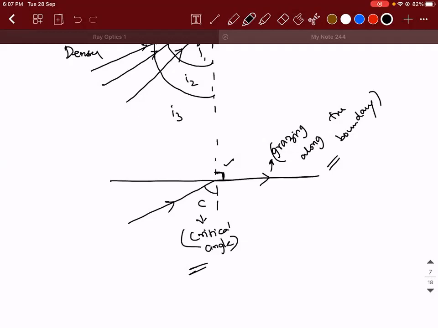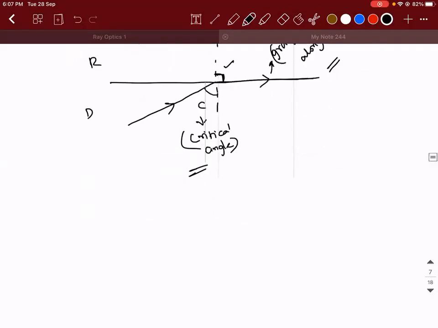So what do you think will happen if I increase the angle of incidence beyond this value? It will get reflected back. Perfect. So this is denser, this is rarer. If I increase the angle beyond this value, then the ray will get reflected back into the same medium, though it has a feasibility to travel into the other medium.